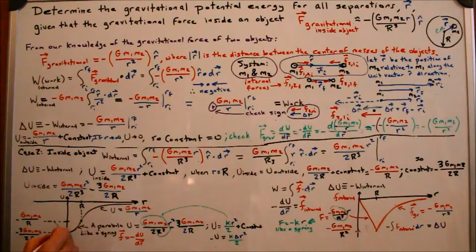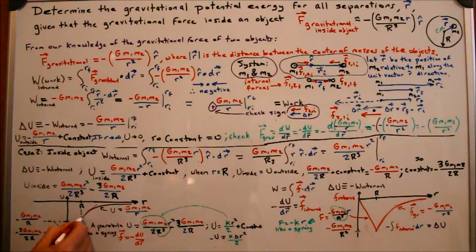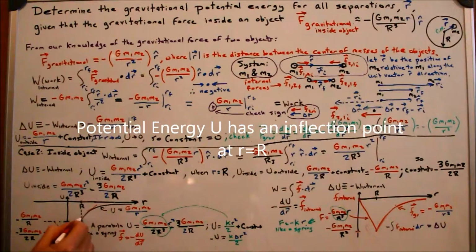So that's just the slope of this. At this point in the center of the body, my slope is 0, so I have no force. The slope anywhere here tells me what the force is at that point, and you're going to see that we have the highest slope right here at R.